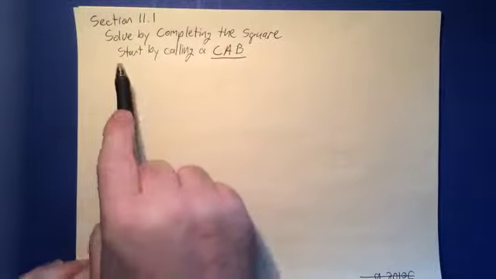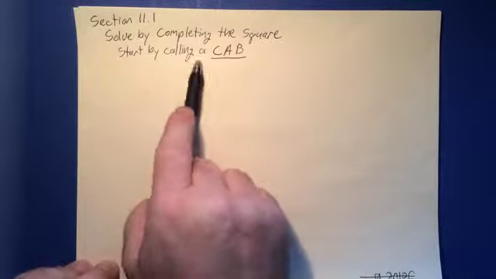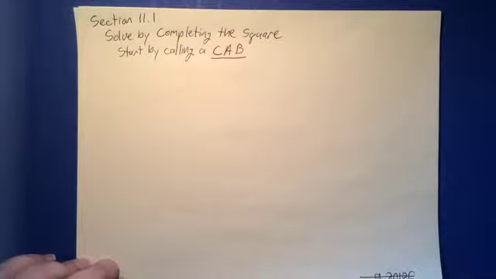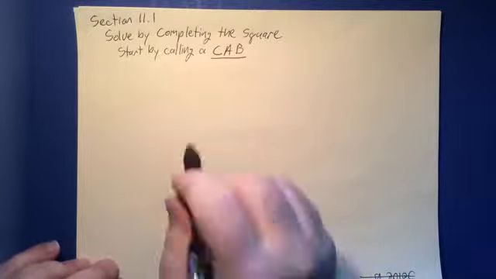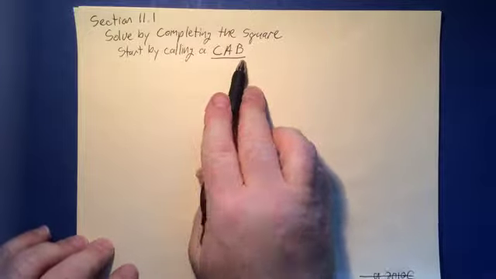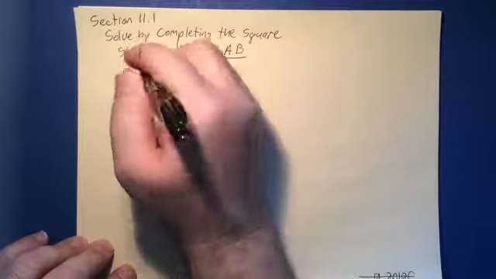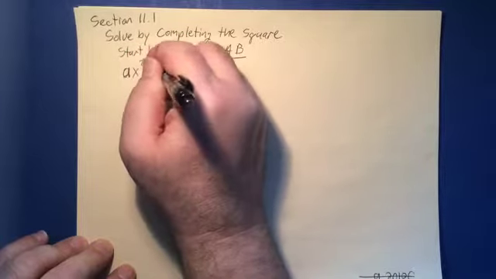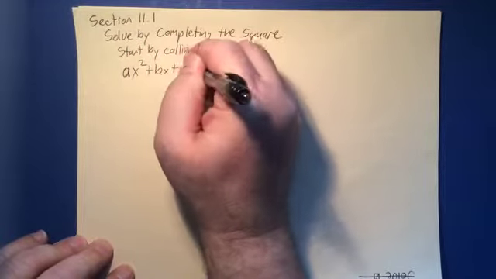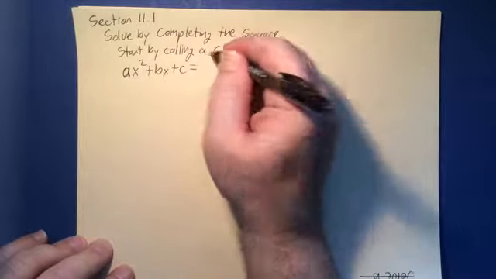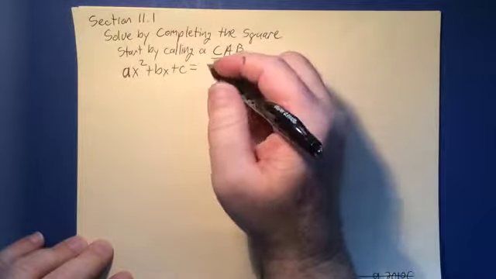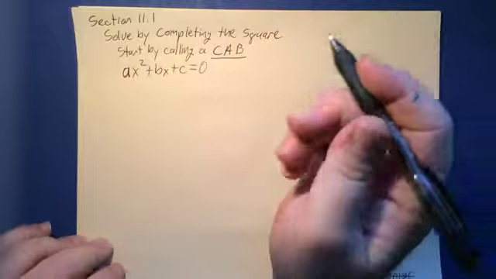And you'll see here that I tell you to start by calling a cap. So what do I mean by this? Now, these aren't usually written in these capital letters, but when you have a quadratic equation written in the form of ax squared plus bx plus c equal to some value, we'll just say it's equal to 0 for the moment.